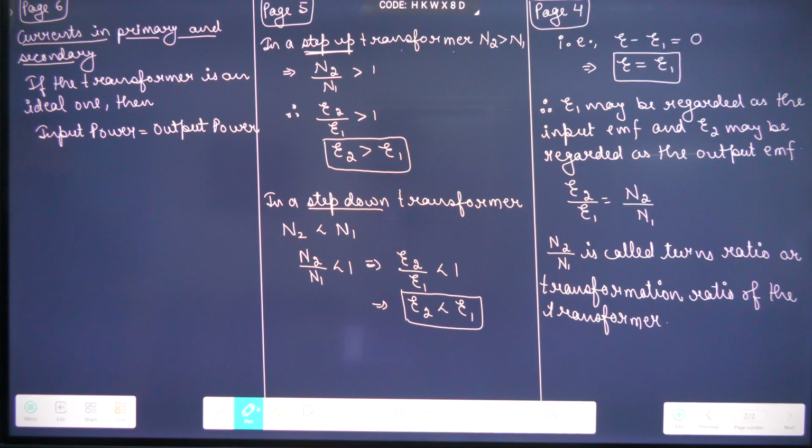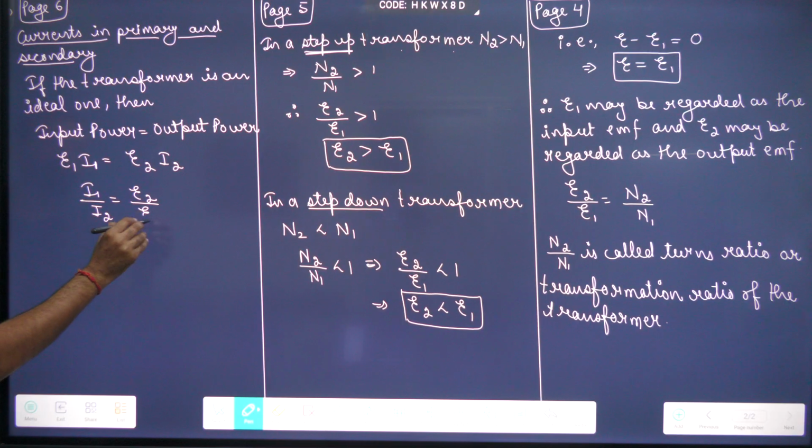What is input power? We know that power is equal to voltage into current. So input power is E1 into I1 and output power is E2 into I2. If I bring this E1 here and I2 here, then I1 upon I2 is equal to E2 upon E1.